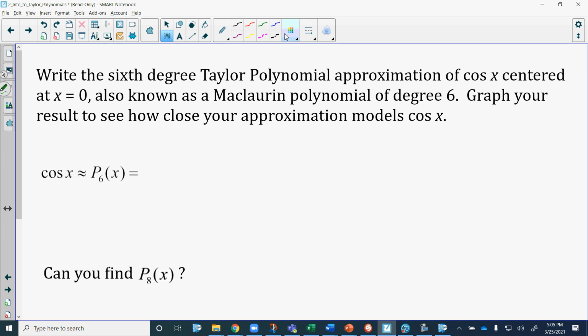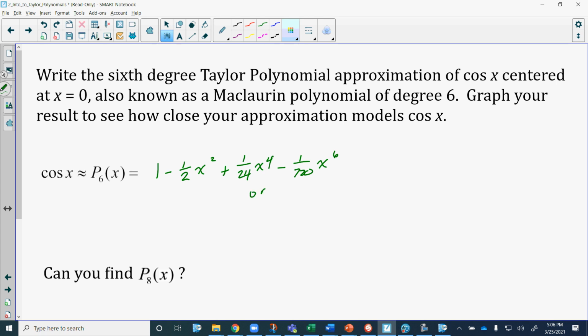So I wind up with 1 minus 1/2 x squared. And then we say plus the 1 over 24 x to the 4th minus the 1 over 720 x to the 6th.